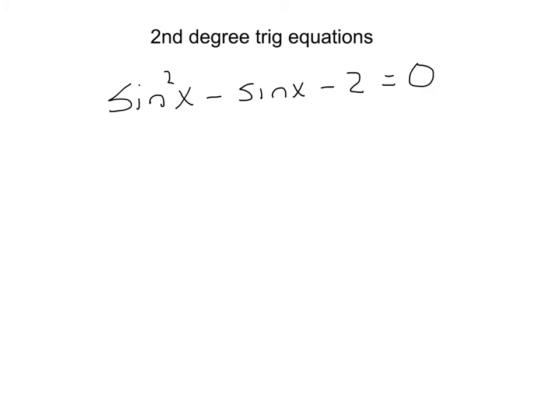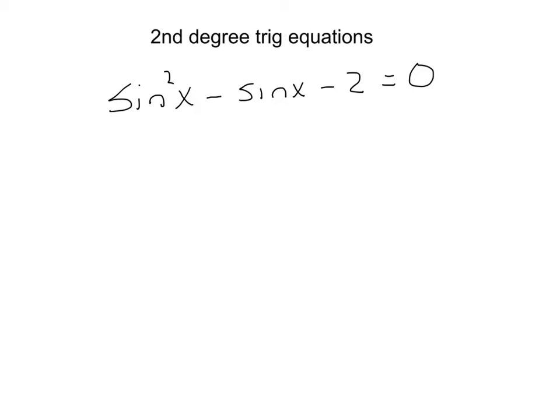So here we have a typical trig equation, second degree. It's a quadratic. Sine squared x minus sine of x minus 2 equals 0. Just like you solve any other quadratic equation, first thing I would do is look to see, does it factor? The difference here is that instead of just x squared minus x minus 2, my unknown, my x, is a trig ratio, sine of x.